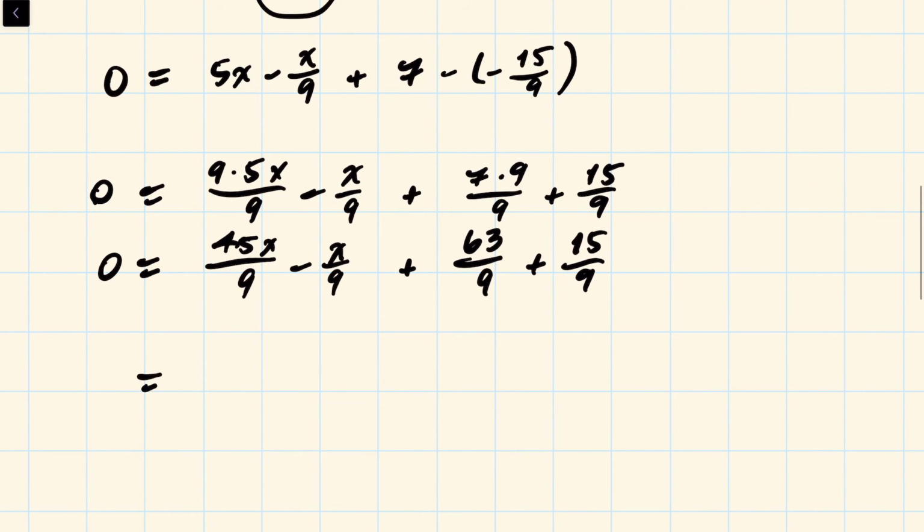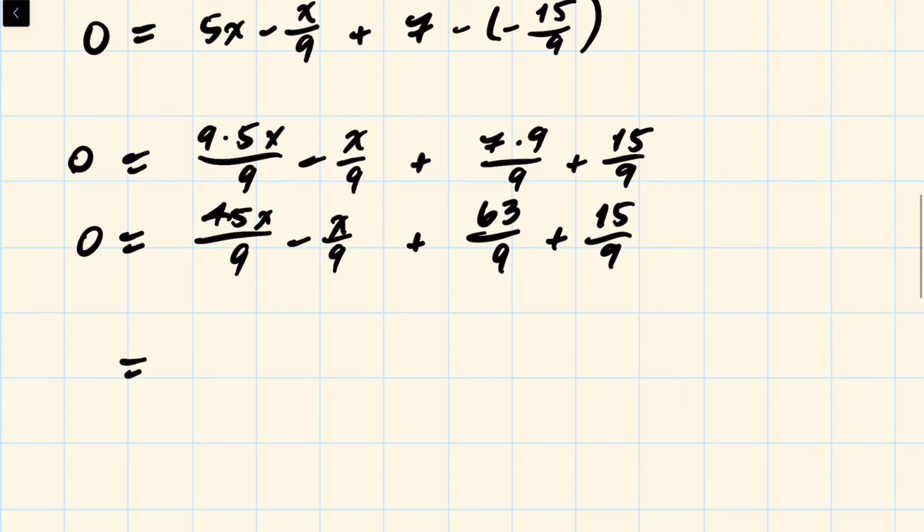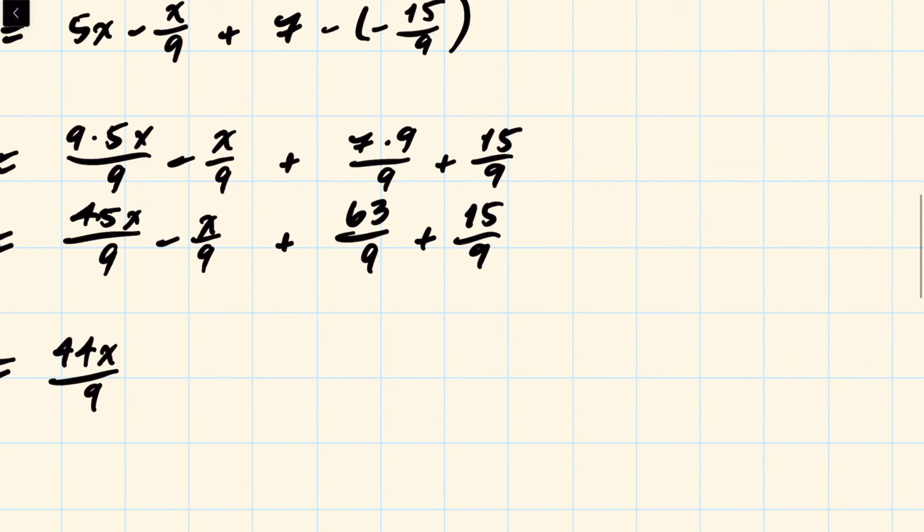So now we have 44x over 9 plus 63 plus 15. 63 plus 15 is 78 over 9.